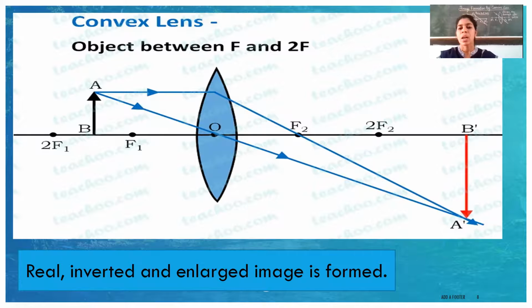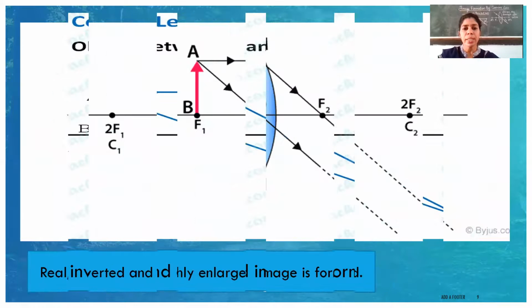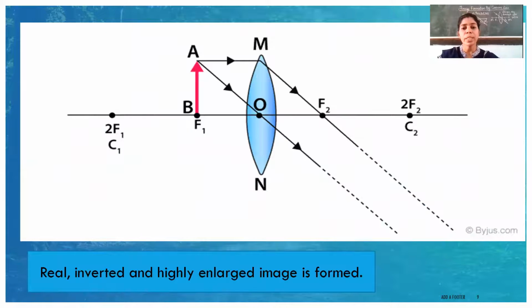And the next one, when the object is placed at F1, after refraction, the rays pass as parallel rays. This is why it forms a highly enlarged image, and it is also a real image.